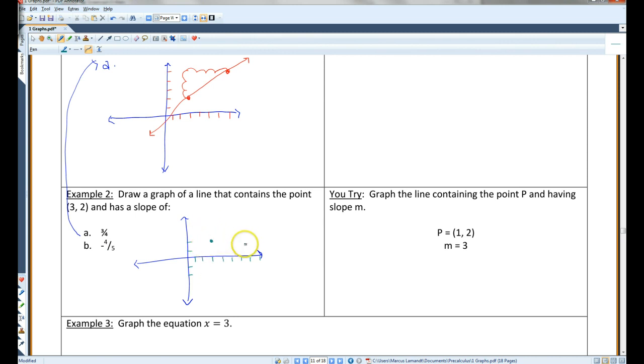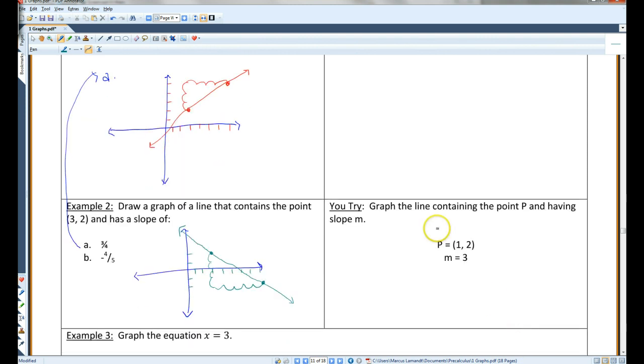But you always move to the right. Okay? So, 1, 2, 3, 4. 1, 2, 3, 4, 5. Third time's a charm, right? There we go. Okay. So there's my line. Okay, you can try this one.